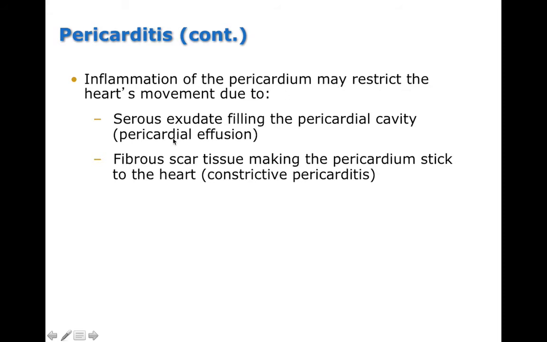That can either be due to serous or fibrous exudates. Now, if it's a serous exudate, this can lead to pericardial effusion, which also limits adequate filling of the heart, which we would call a cardiac tamponade. And if it's a fibrous exudate, this can actually lead to adhesions that limit your heart's ability to move, and that can also be painful and also limit adequate filling of the heart. We call that constrictive pericarditis.